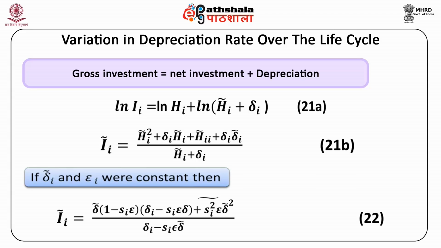Since gross investment cannot be negative, it follows from equation 22 that gross investment is positively related to the depreciation rate if the elasticity of MEC is less than 1.